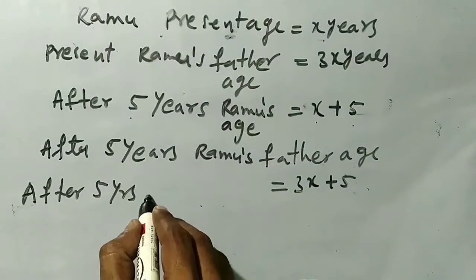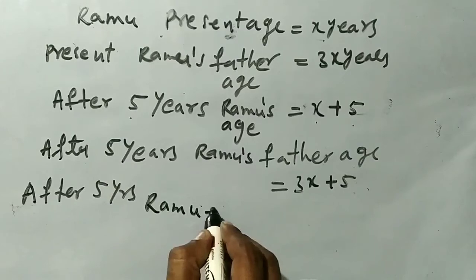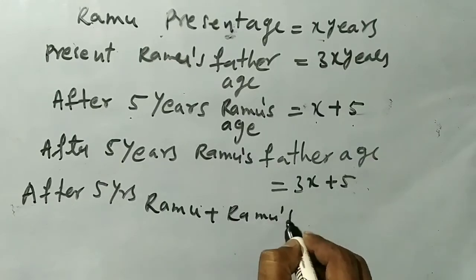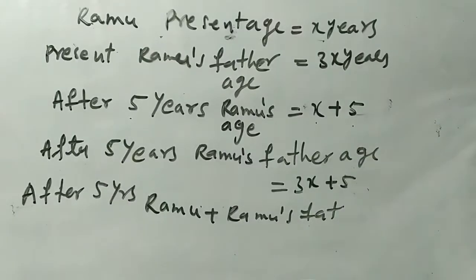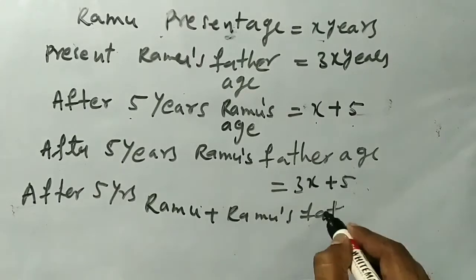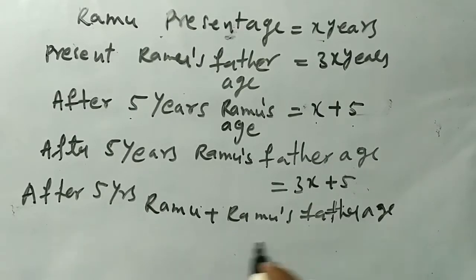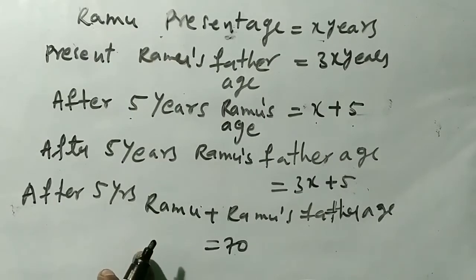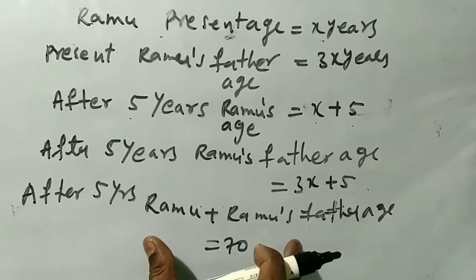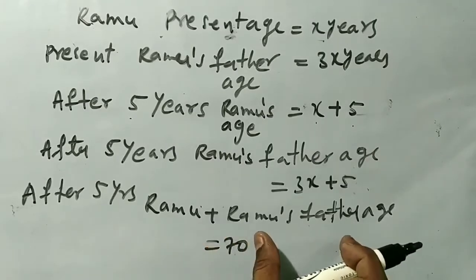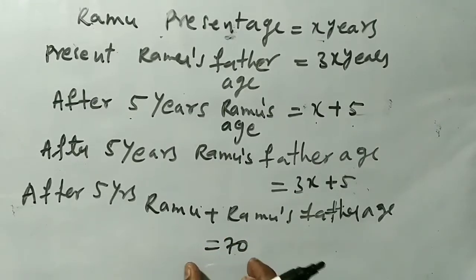So after 5 years, Ramu's age plus Ramu's father's age will be 70 years. They have given this in the question. So if we add the ages of Ramu and Ramu's father after 5 years, we will get 70. By this 70, we can obtain the 2 ages.